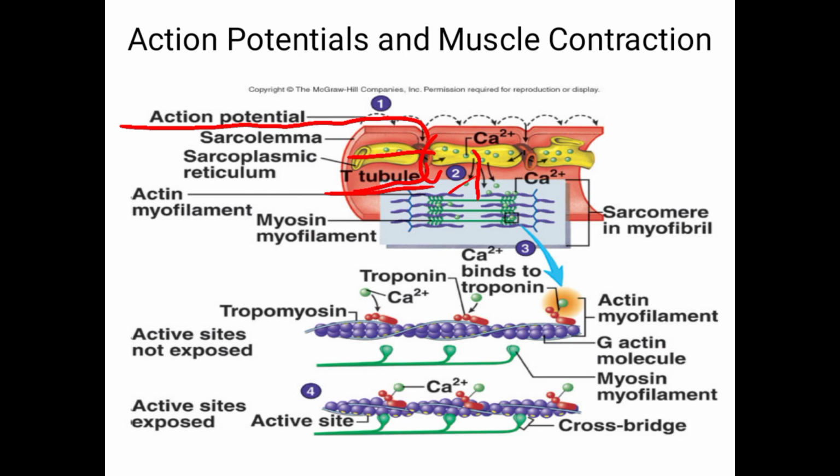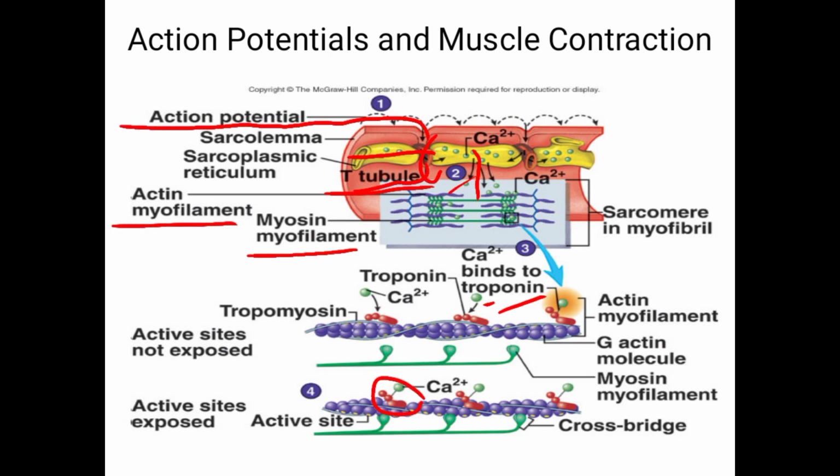Here there is an actin filament and a myosin filament, right? To that actin, calcium will bind to troponin. You can see here the green color one. Then whenever it binds, the myosin molecule attaches.